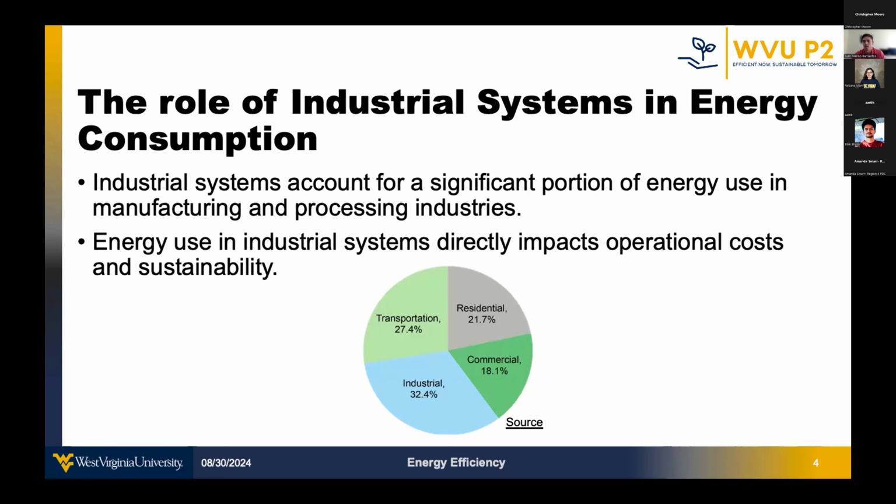When we talk about optimizing these systems, we're addressing a major opportunity for energy savings. By improving efficiency in areas like machinery, lighting, climate control, we can make a considerable impact not only on operational costs, but also on sustainability efforts. So this sets the stage for a deeper dive we'll be taking into each one of these systems.